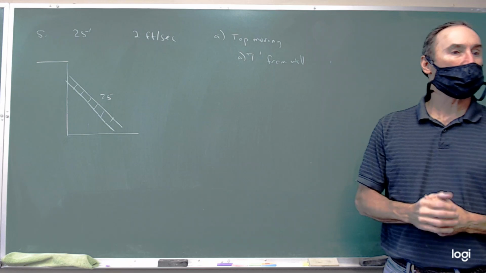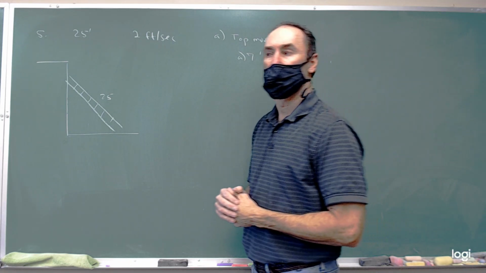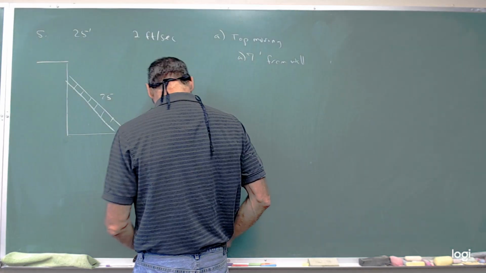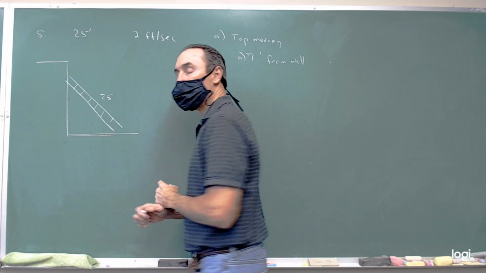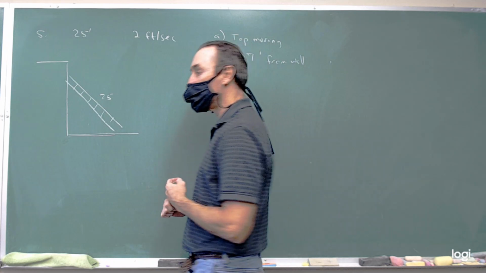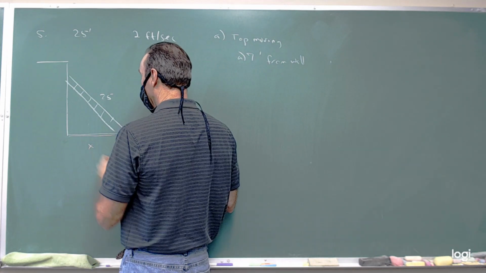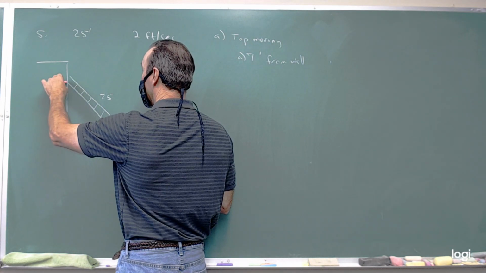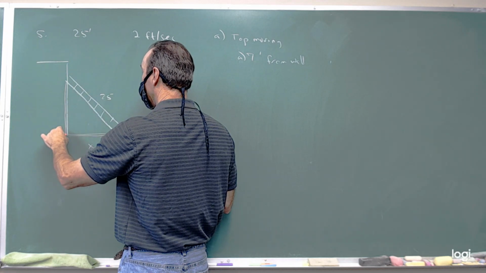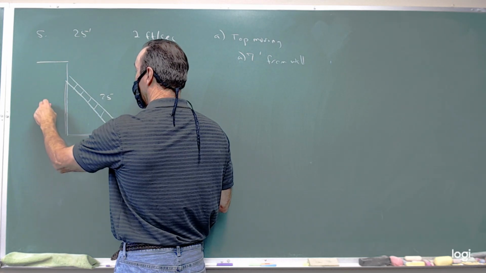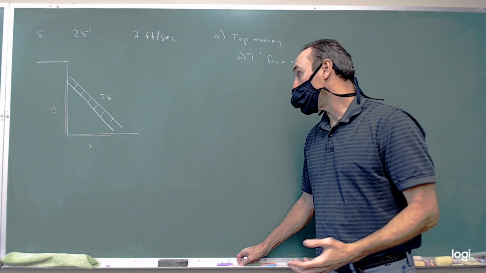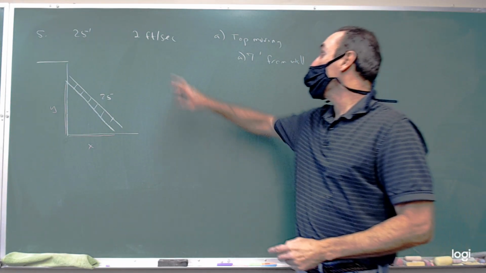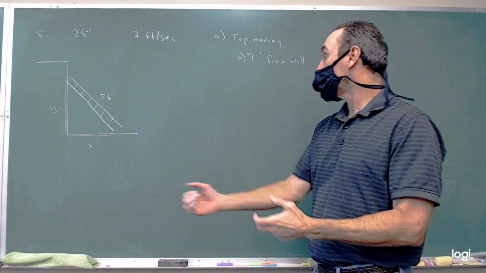It looks very much like an XY axis. So I think it makes good sense to call this distance, how far the foot of the ladder is from the base of the wall, X. And how far the top of the ladder is up on the wall from the ground, Y.